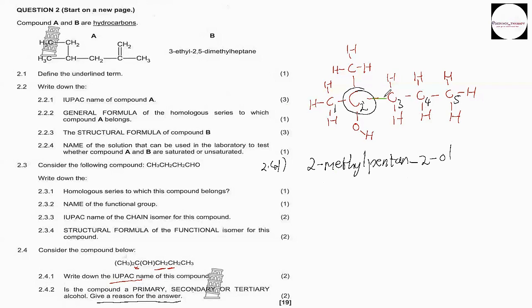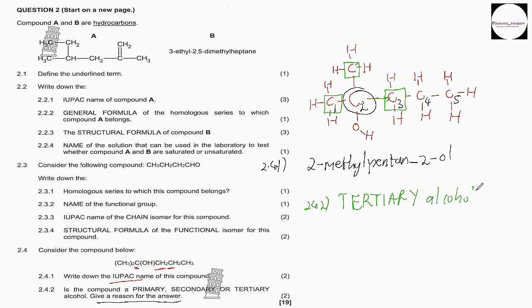So we can see that it is bonded to this carbon atom here. It is bonded to this carbon atom, and then it is also bonded to another carbon atom. Because this carbon with the hydroxyl group is bonded to 3 other carbon atoms, we say it is what? It is a tertiary alcohol. So for 2.4.2, we're going to say we have a tertiary alcohol.